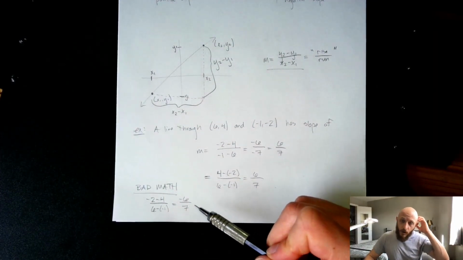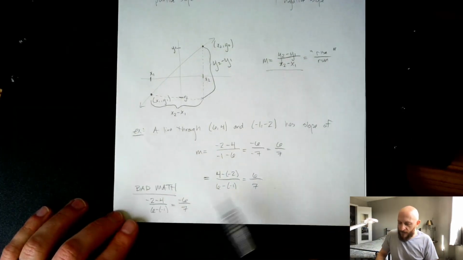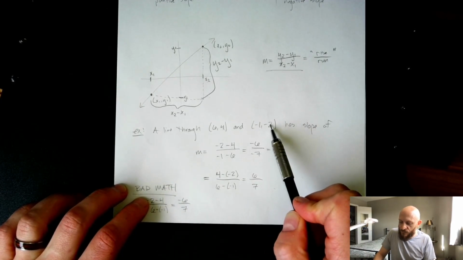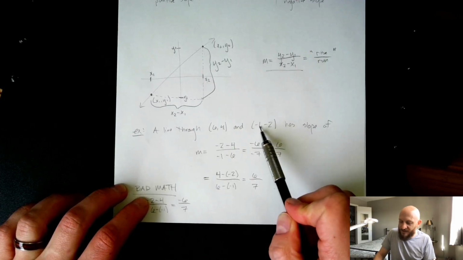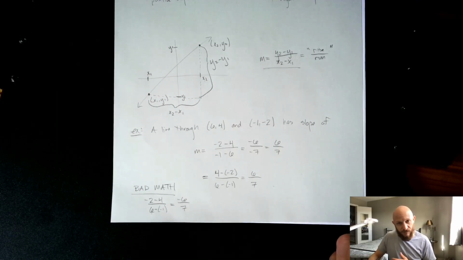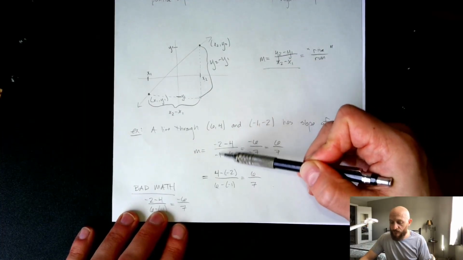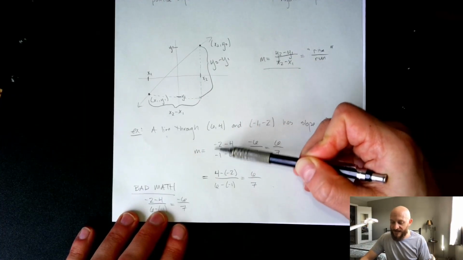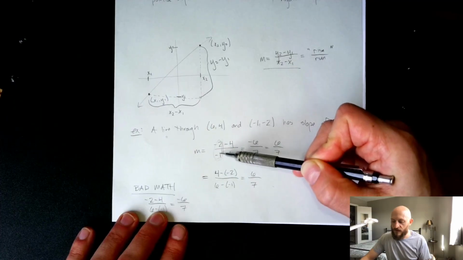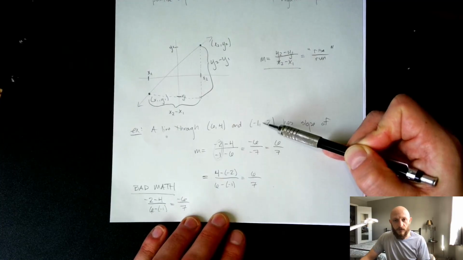So what did I do wrong is I mixed up my subscripts, so to speak. I chose first my y2 as this -2, which means that -1 should be my x2, right here. One way to double check that you're doing this correctly is that when you write everything out like this, you should be able to look at the numbers in each column, and they should represent one of the coordinate pairs. Right here in this column, I have -1 and -2, a coordinate pair.